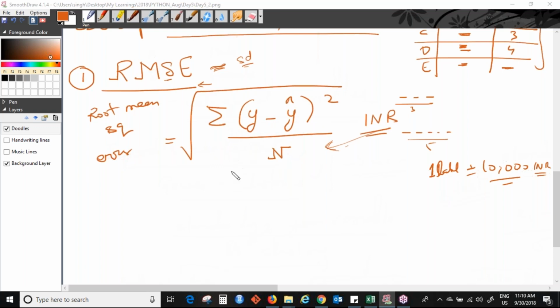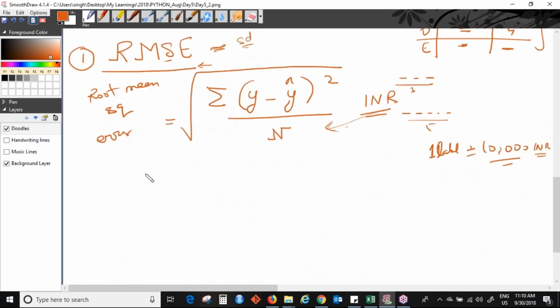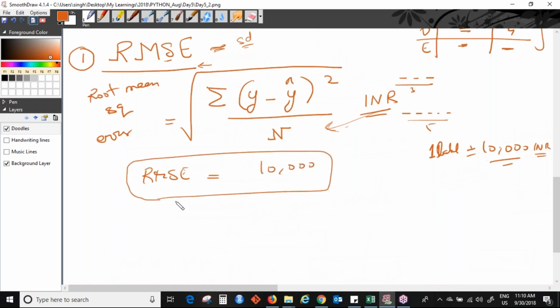Now, RMSE also has one disadvantage. Let's say you tell somebody that the value of your RMSE is 10,000. If I tell you that I have built a model and the value of RMSE is 10,000, will you be able to tell me whether the model is good or not?